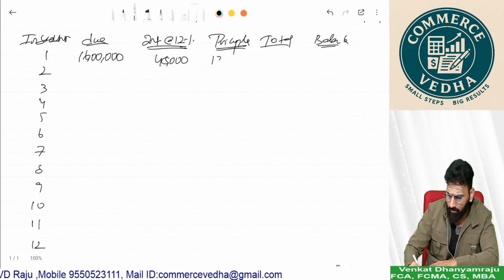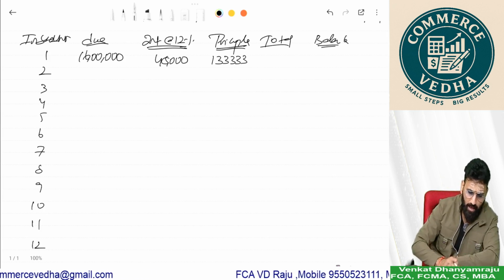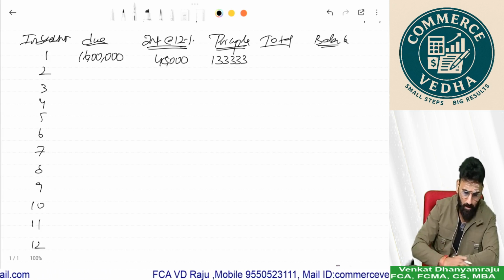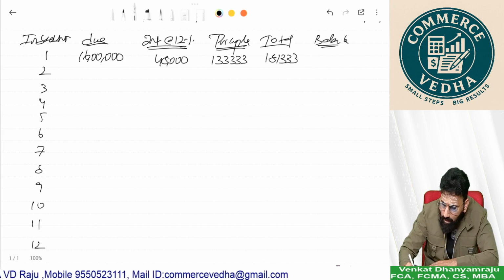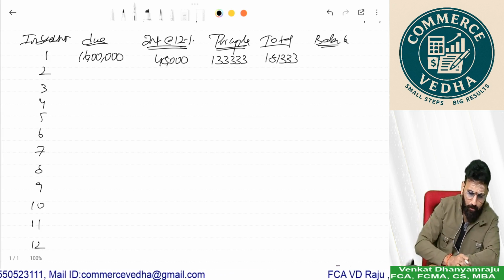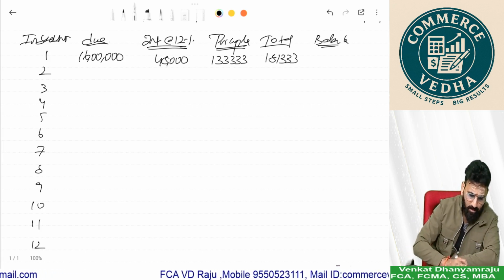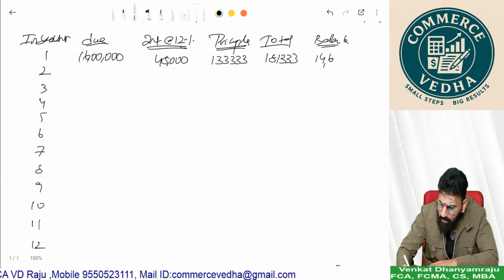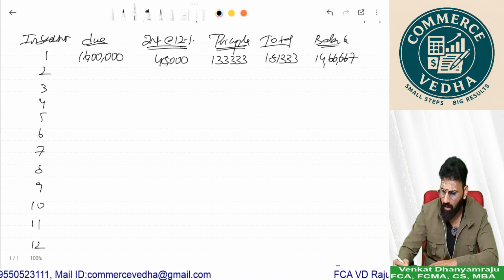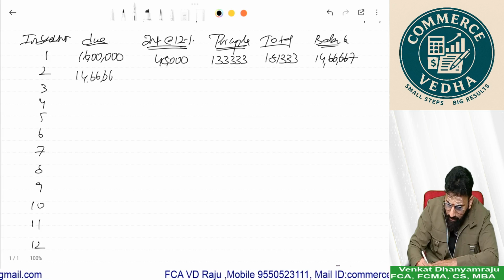And principal 133,333. How you got principal? 16 lakhs by 12. And total is 181,333. And the balance, principal minus principal. Balance is due minus principal. 16 lakhs minus 133,333, 14,66,667. Now, second installment due is 14,66,667.